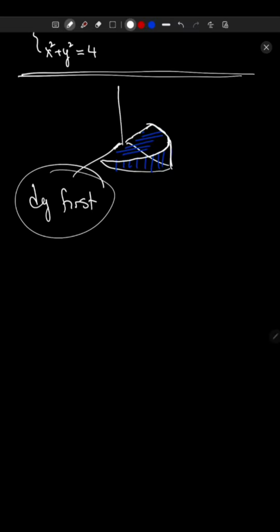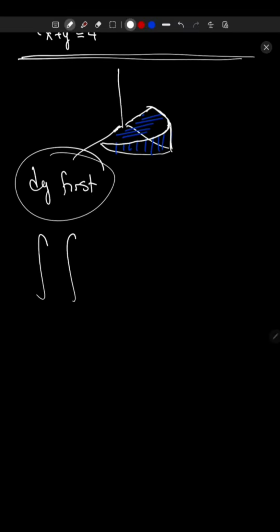All right, so let's do dy first. Again, we're integrating 1. So this time we need to look at rays along the y-axis, and these rays are going to start at the plane and go out until we hit the cylinder.